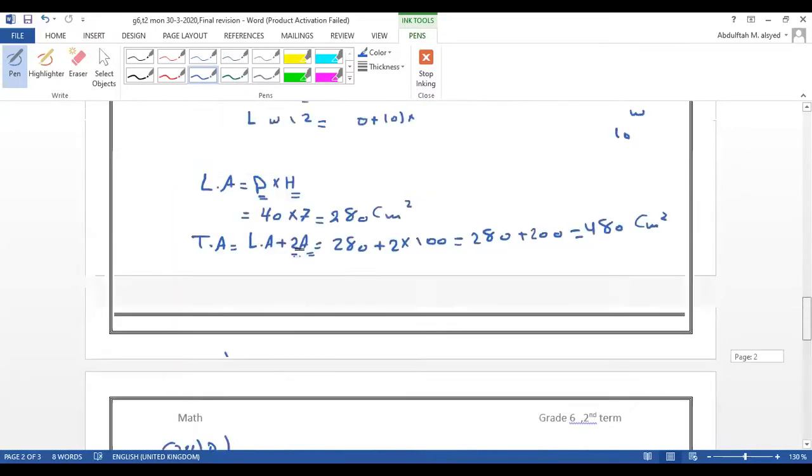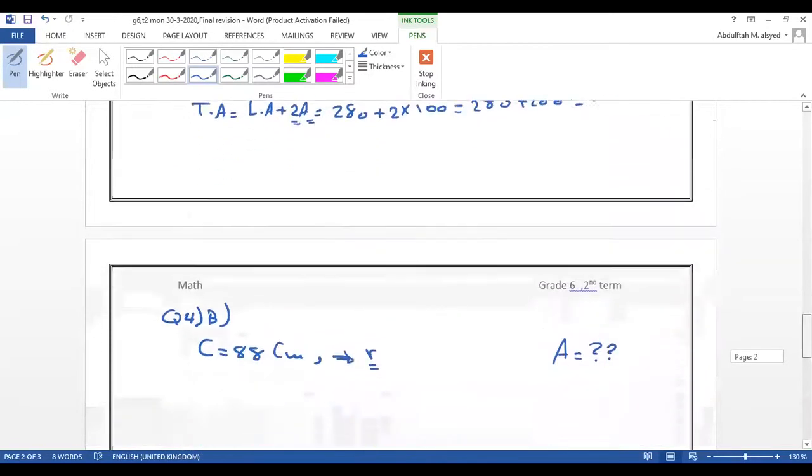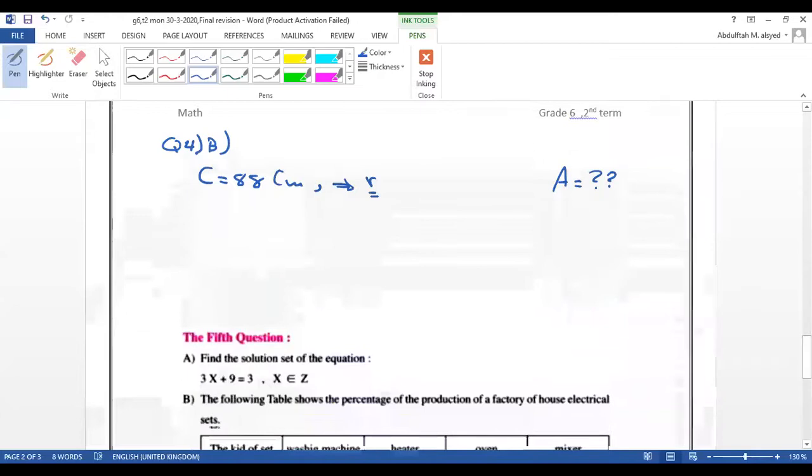Does it give you the value of pi? No, it doesn't. No problem. As we have mentioned before, if the circumference is given and I want to find the radius, then radius equals circumference over 2 pi.